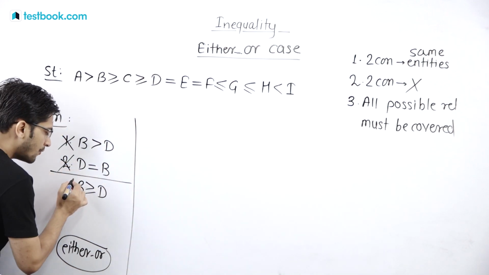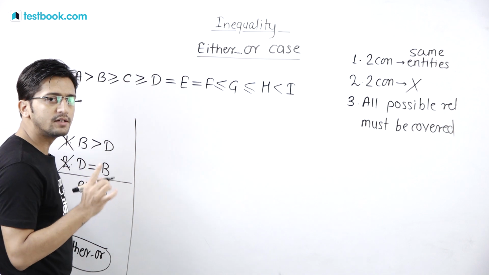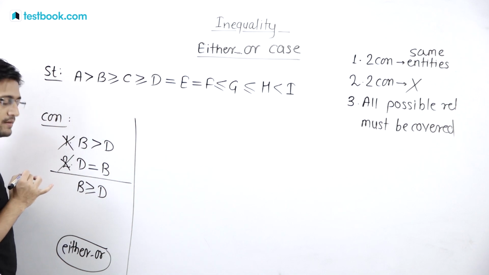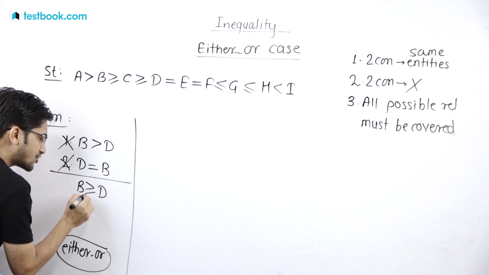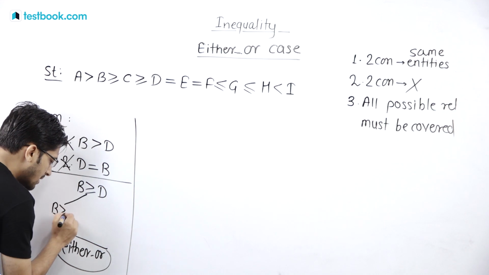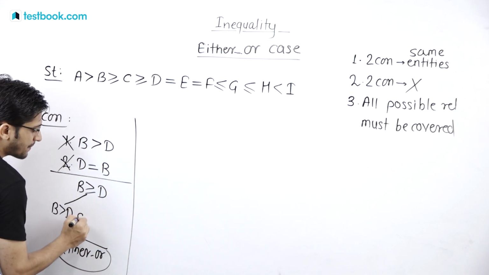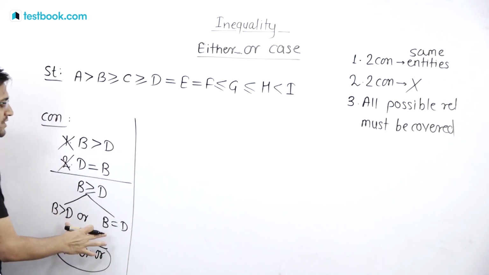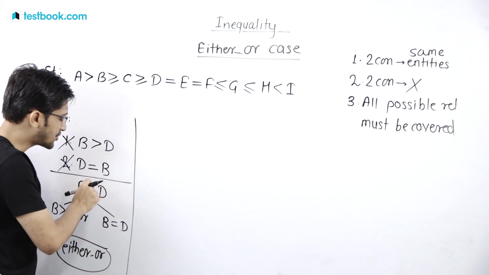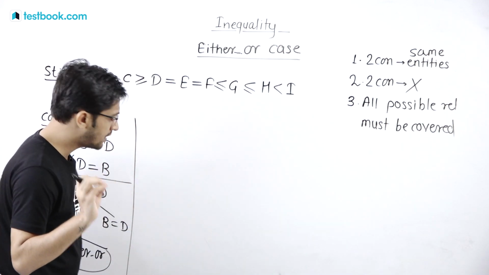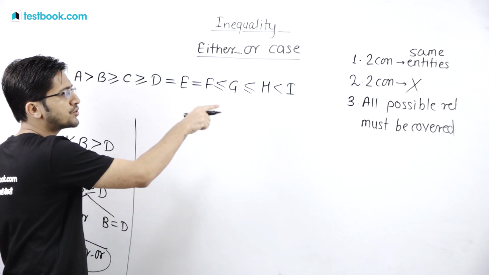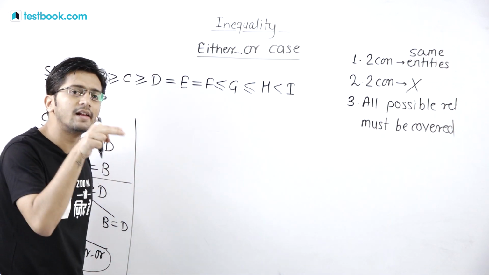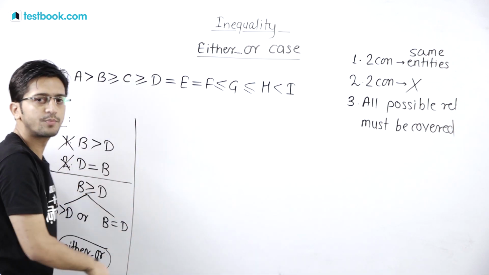What relation have we got between B and D? The relation between B and D is B is greater than or equal to D. What does this relation exactly mean? This means B is greater than D or B is equal to D. This is the meaning of the relation that we have got. Our task is to check all possible relations. These are all the possibilities that can exist between B and D in the given expression.